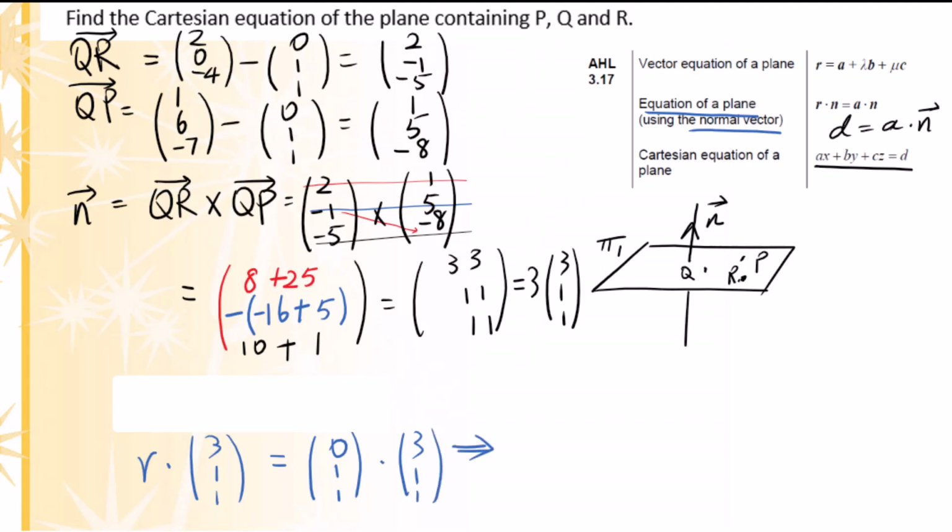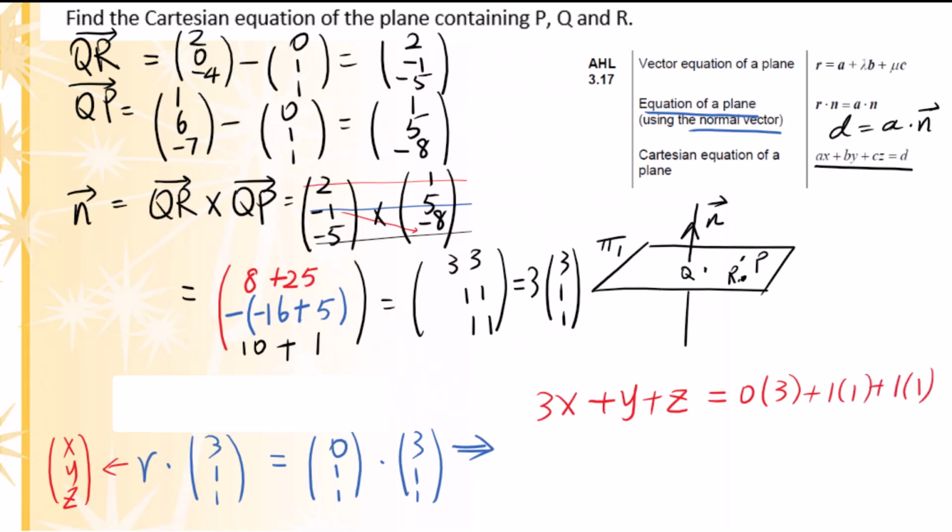We know R means x, y, z. So we have 3x plus y plus z equals 0 times 3 plus 1 times 1 plus 1 times 1. Organize: 3x plus y plus z equals 2 will be the equation of the plane π1.